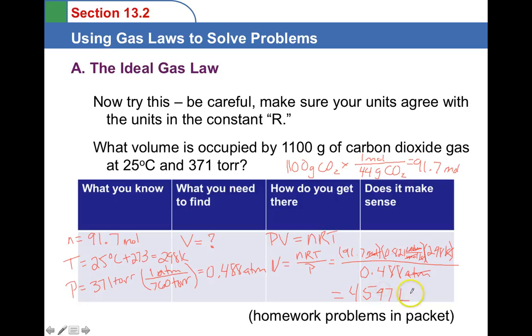That's a huge number. We also had almost 100 moles. 1 mole at 1 atmosphere is 22.4 liters. So the fact that I have almost 100 moles and about a half of an atmosphere, that seems about right. That looks good to me.